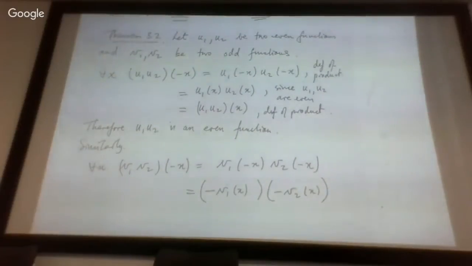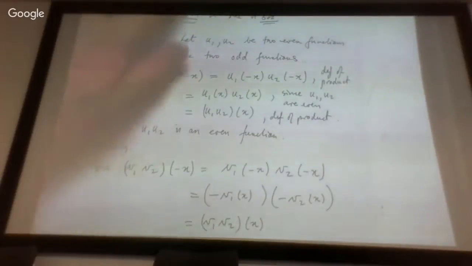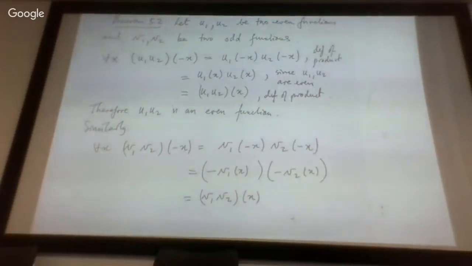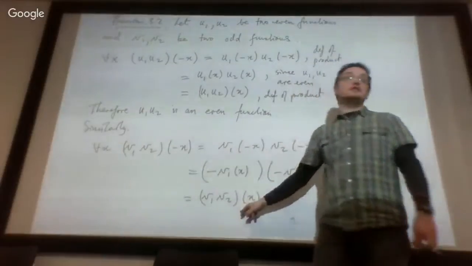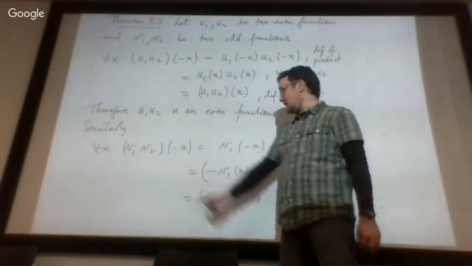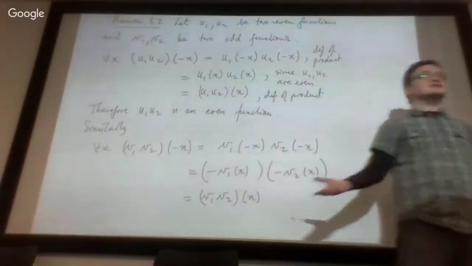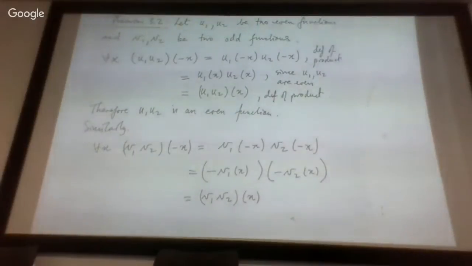You've got two negative signs there, so they combine to give just a plus sign. So what you're looking at is v1 times v2 evaluated at x. So this product function v1 v2 is even. You give it minus x or x, and it gives you the same value.